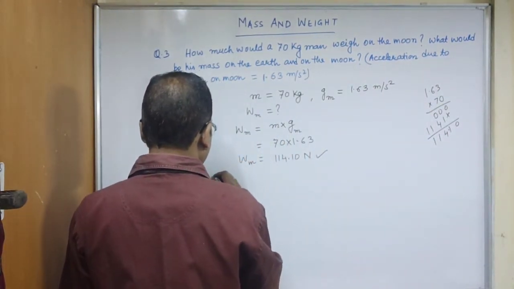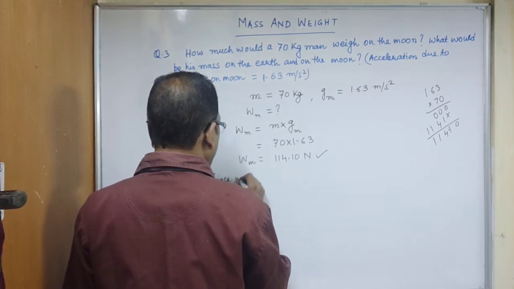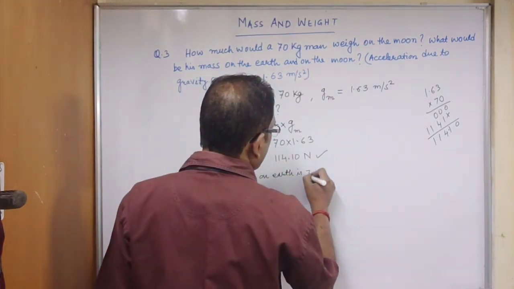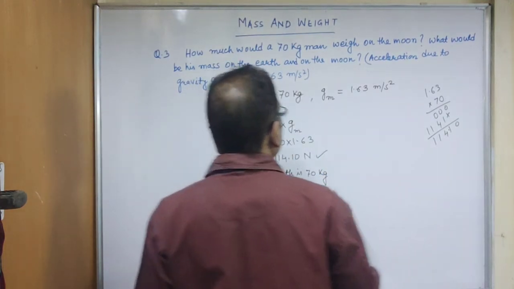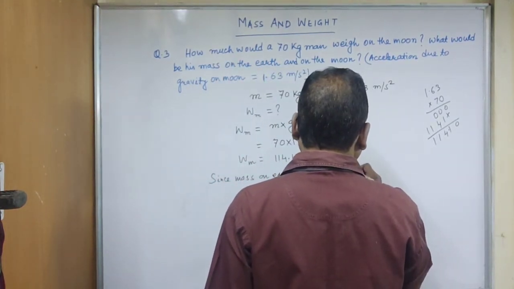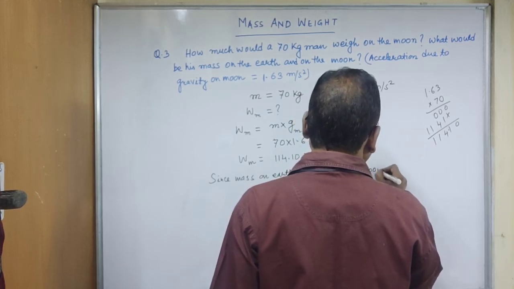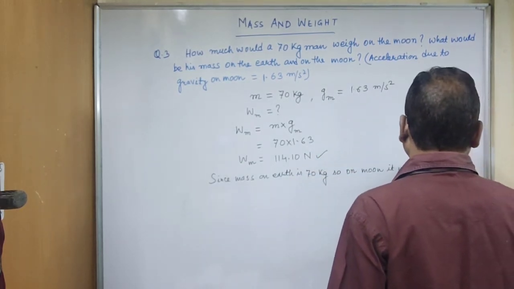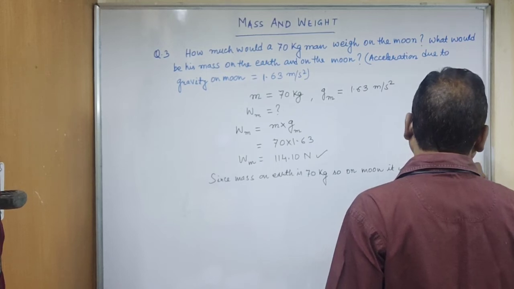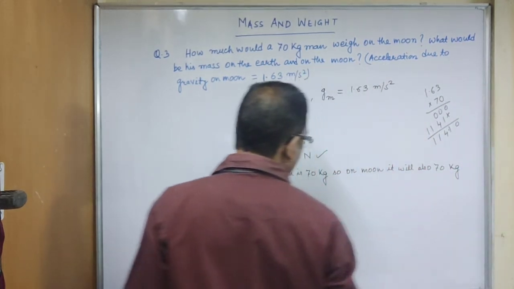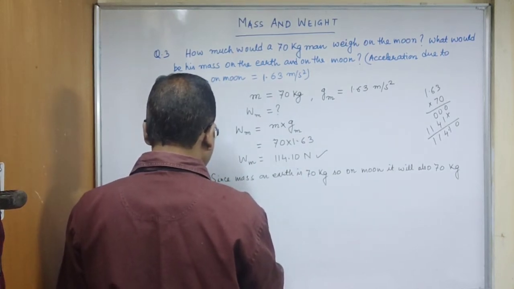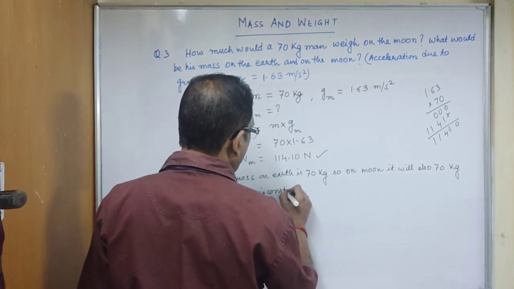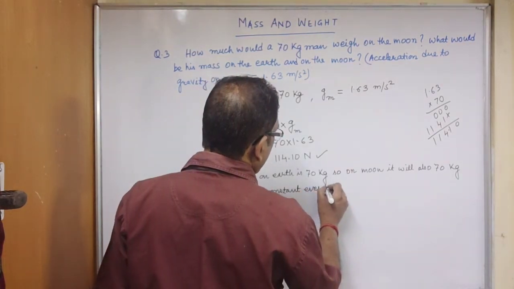Since mass on earth is 70 kg, on the moon it will also be 70 kg, because mass is constant everywhere.